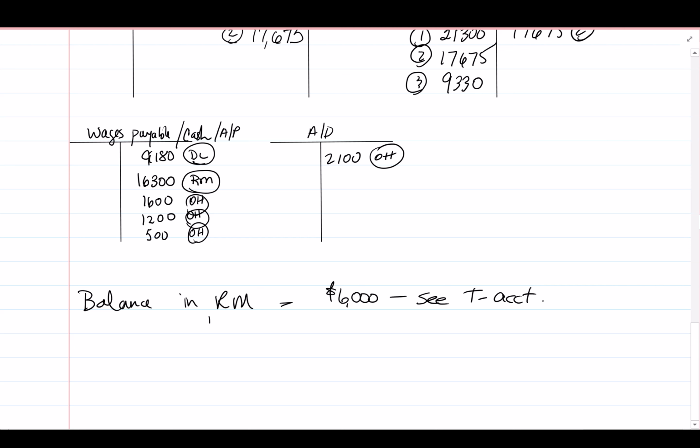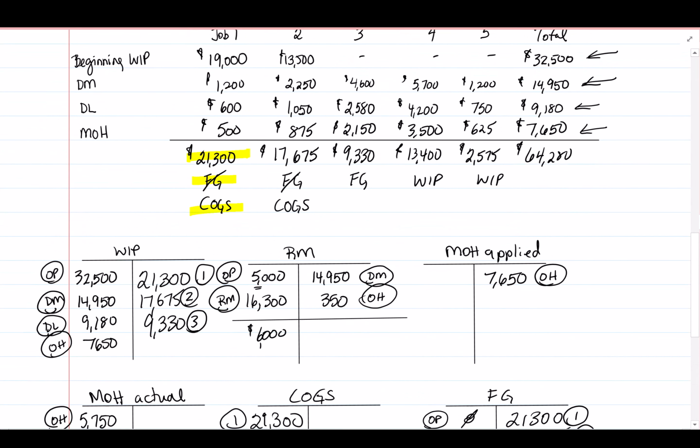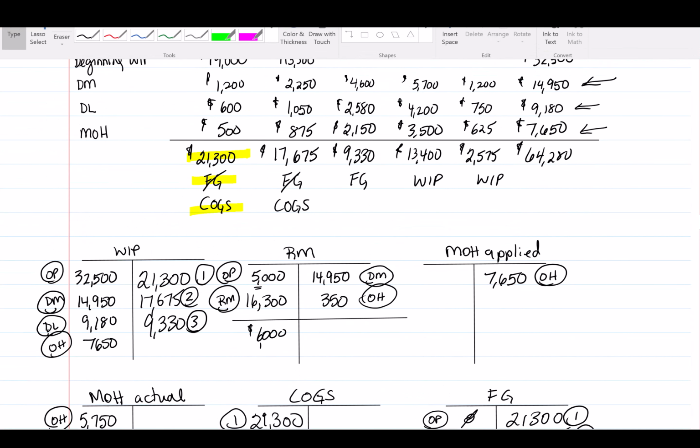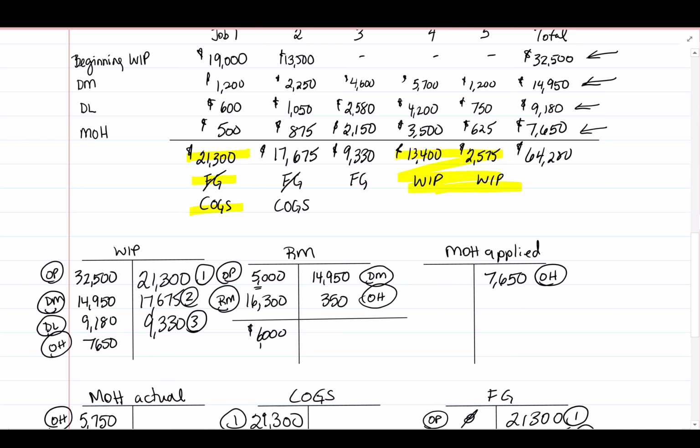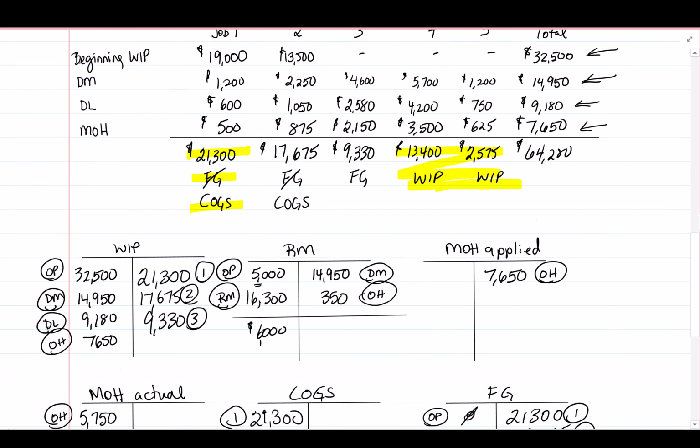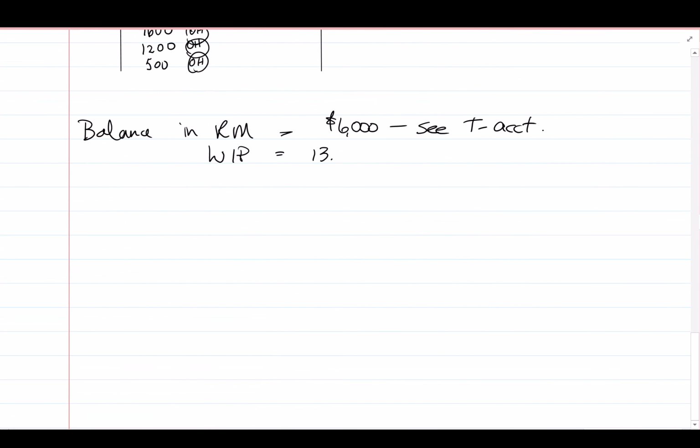Balance in work in process. Okay, well, you could go up here, and because you've accounted for everything in work in process, these two are your ending balance in work in process. So work in process, you could say $13,400 plus $2,575.